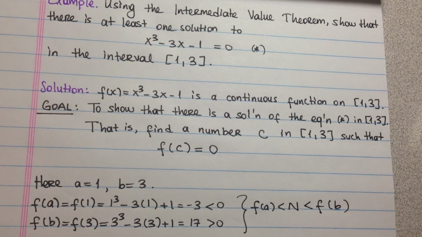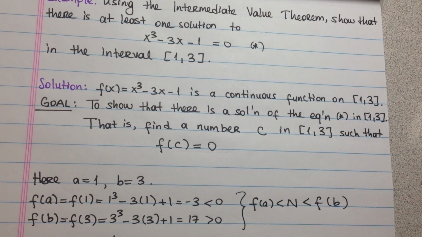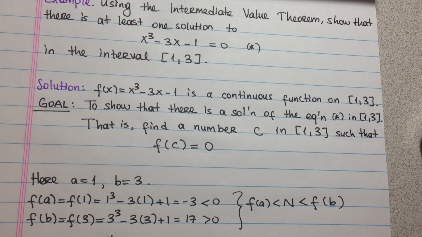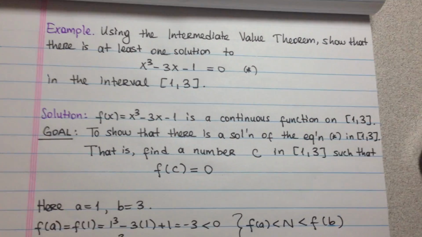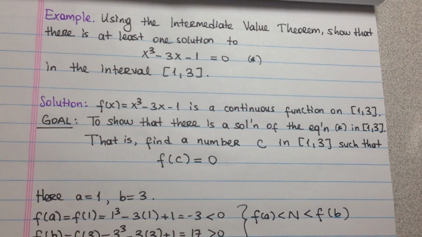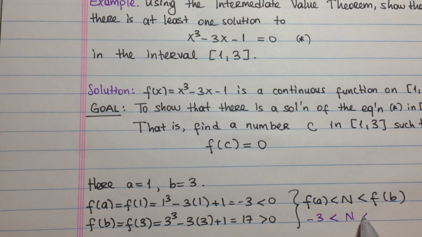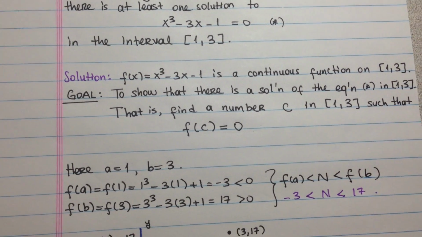And n, from the theorem, can be chosen to be any number between f(a) and f(b). So it can be any number between which numbers? Let's write it: negative 3 less than n less than 17.